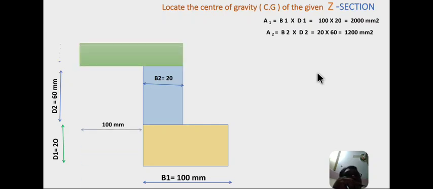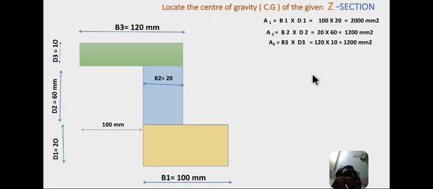Now I am considering the third rectangle, base B3 equal to 120 mm, D3 equal to 10 mm. So the area of the third rectangle A3 equal to B3 into D3 equal to 120 by 10 equal to 1200 mm square.